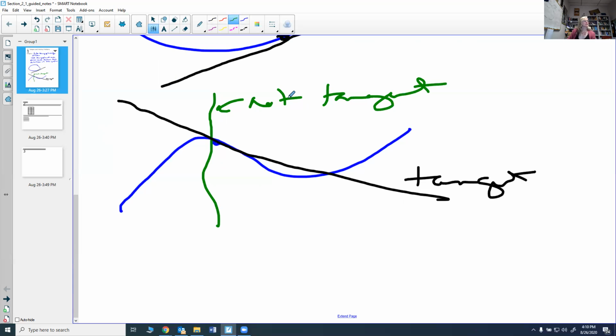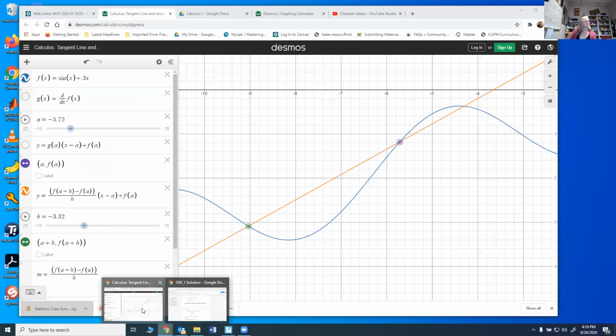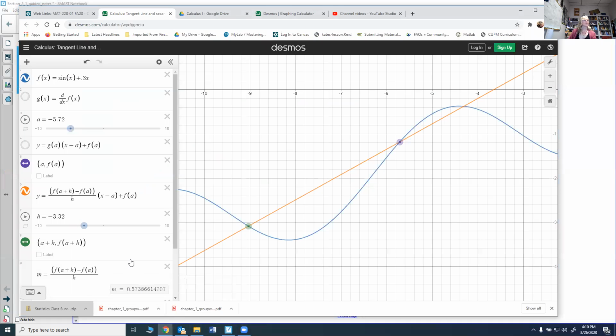So what I'd like to do is show you an example of using a program called Desmos. We're going to go into Desmos and use it to find the equation of a tangent line at this point. The function we have here is the sine of x plus 0.3x, and here's what this graph looks like.